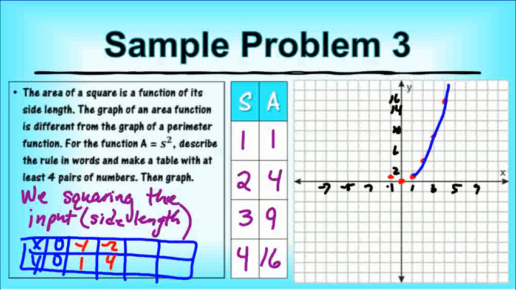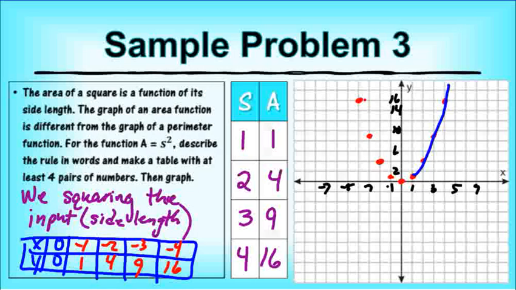So 2 up to 4 would be here. If I put a -3 in here, -3 squared is 9. So I go to 3 all the way up to 9. And then if I put a -4 in, -4 times -4 is a +16. So if I go to 4 all the way up to 16, that would be right here.